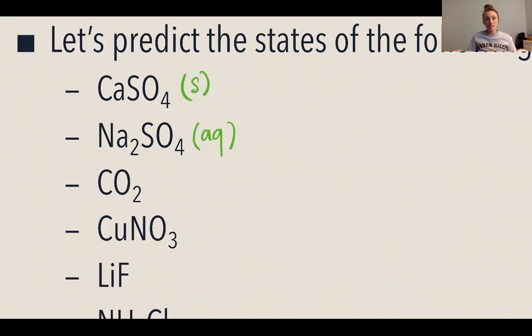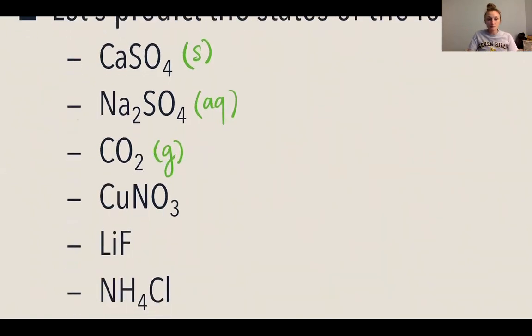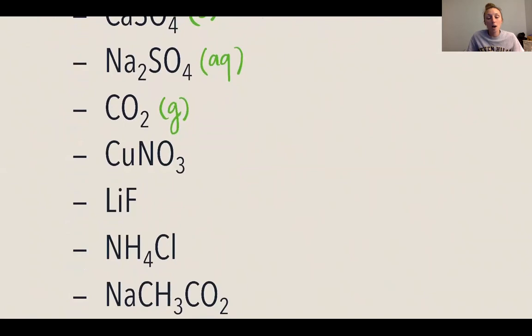CO2, not an ionic substance. We don't have metals and nonmetals. It is going to be one of those three that I wrote down, a gas. Copper nitrate. All right, copper, not an alkali metal, but nitrate is one of my anions that I said if we have nitrate as an anion, then it's always going to be aqueous.